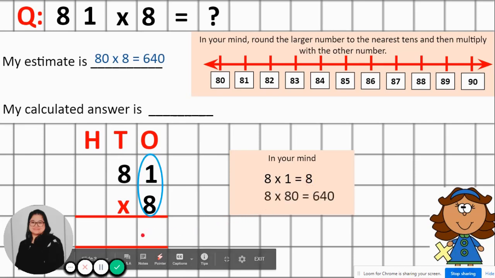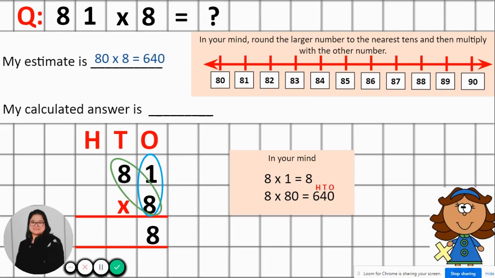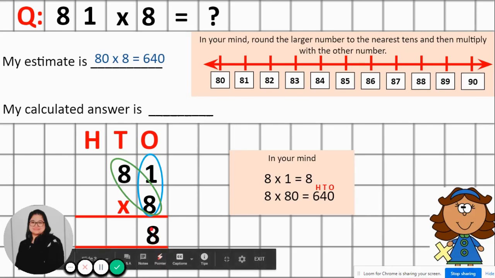So we write 8 over here. Next, we calculate ones place with the tens place, which is 8 times 80 is equal to 640. Now here we have got a 3-digit number. So we have 0, which is in ones place. So we add the 0, which is in ones place, to the 8. So 8 plus 0 will give me 8. That is why the answer is 8 over here.